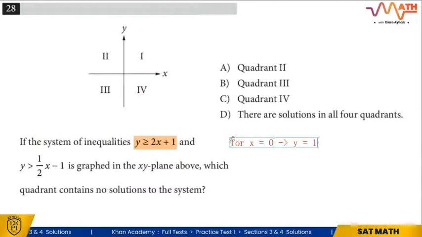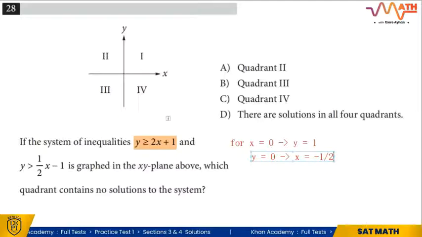And similarly, when y is equal to 0, x will be equal to minus 1 over 2.